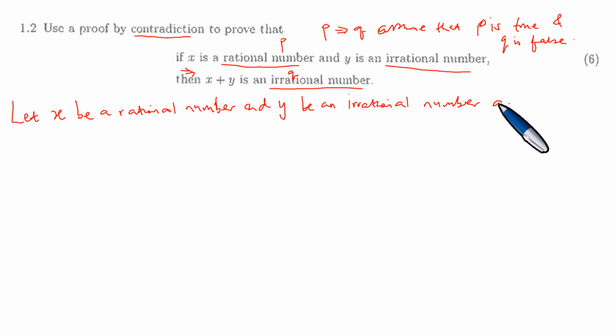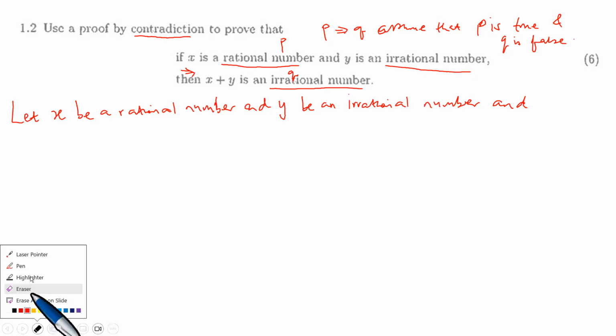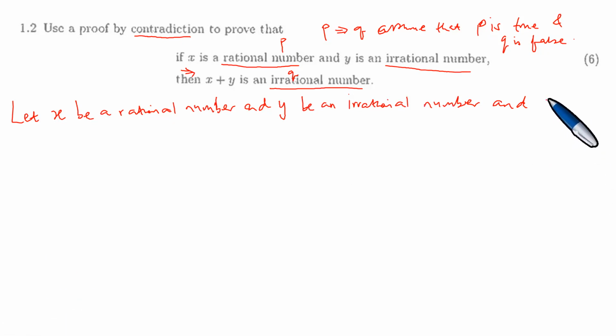And we proceed to assume that X plus Y is a rational number.